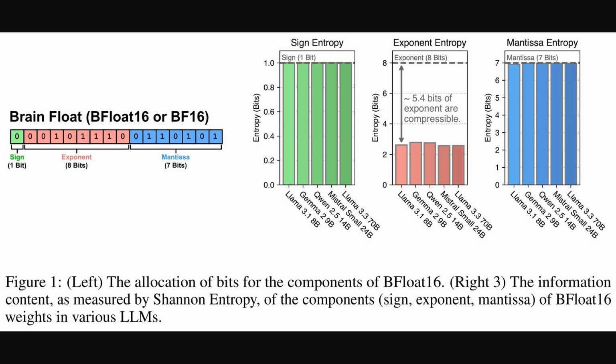These charts show the actual information content, the entropy, for each of those parts across several big models. Notice how the sign and mantissa entropy bars are almost full, meaning those bits are pretty efficiently used. But look at the exponent chart in the middle. Even though it gets 8 bits, the actual information entropy is way lower, only around 2.6 bits. That means there's a lot of redundancy, about 5.4 bits worth, that can be compressed. And that's exactly what DFloat11 targets to get that space saving.